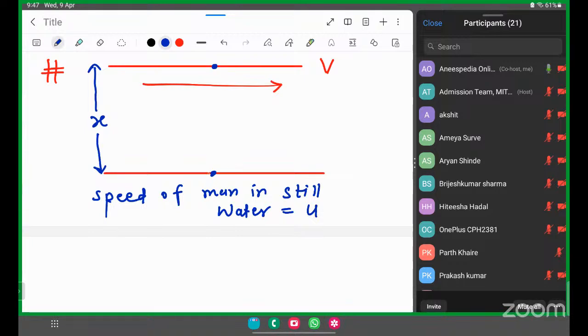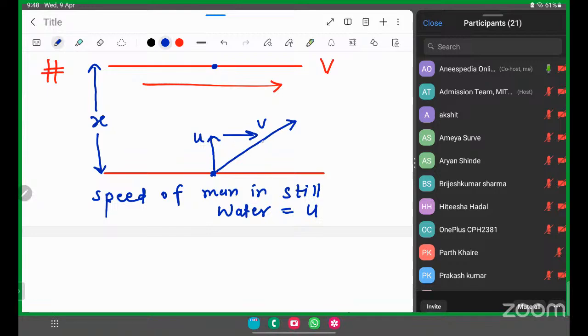So if he just jumps in this direction with speed u, the river will make it flow in this direction with speed v, and it will go like this. So time taken to cross this river will be same as time taken by him to cover this distance x with the speed u, because speed v will not help him in vertical direction.